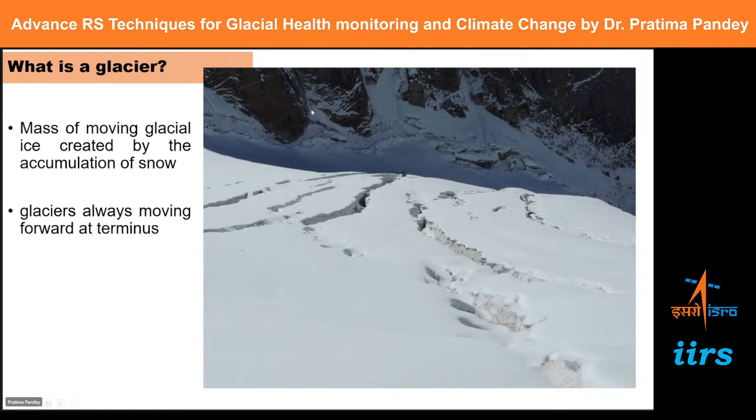As you can see from this picture, this is a field photograph of a glacier. You can see these fractures here. These fractures indicate that this huge mass of ice has got a movement. So a huge body of ice which has got a movement due to the topography can be called a glacier.